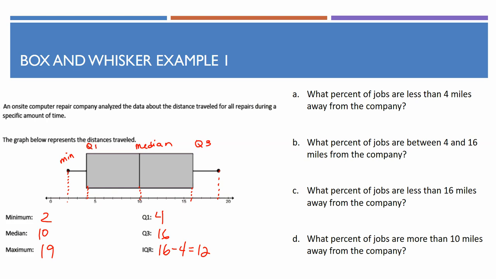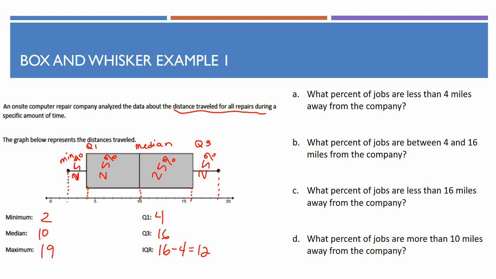So in other words, we're talking about distances traveled for repairs during a specific amount of time. 25% of my distances are in here, 25% in here, 25% in here, and 25% in here. All right, so that's going to be really helpful for us. So let's look at some examples.